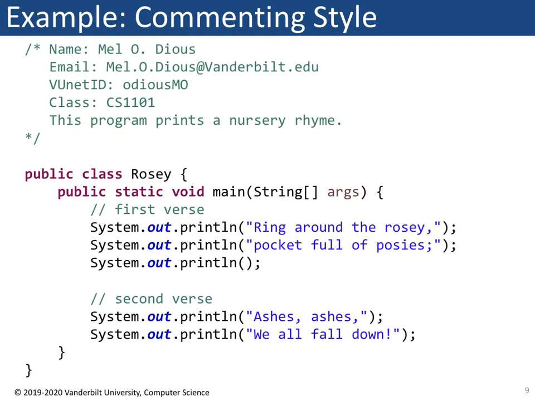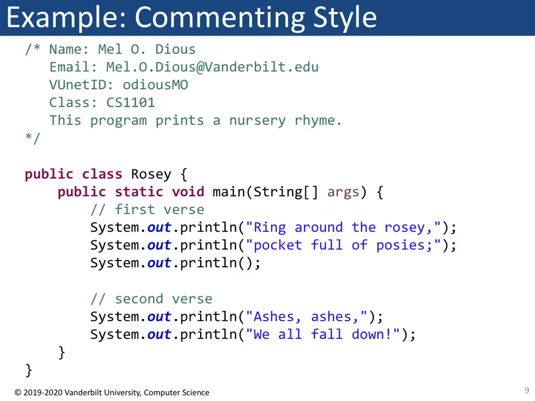This is a fairly good example of the commenting style that we expect to see from you. At the top, we have a comment block using the /* */ multi-line comment method. And then inside the main method here, we see that we've used single-line comments. So at the carriage return, the comment is terminated, and we return to non-commented statements.